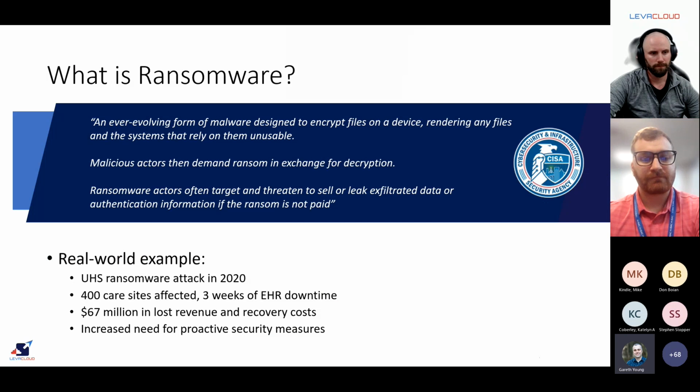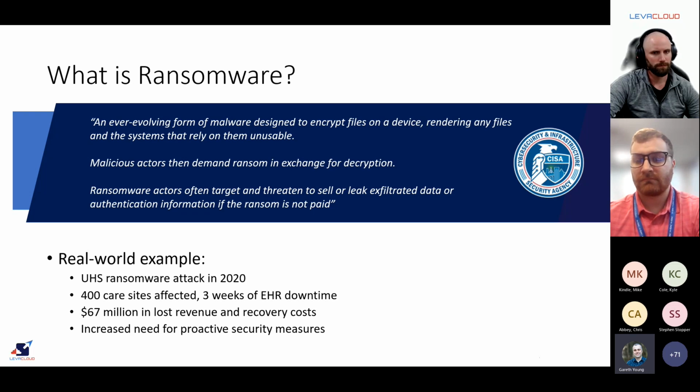So what is ransomware? Ransomware, the official CISA definition, if you will, is malicious software that encrypts files and systems, right? Typically what happens is victims lose access to their data. It affects the business, it impacts individuals as well. The attackers demand a ransom, typically in cryptocurrencies, for the decryption key.